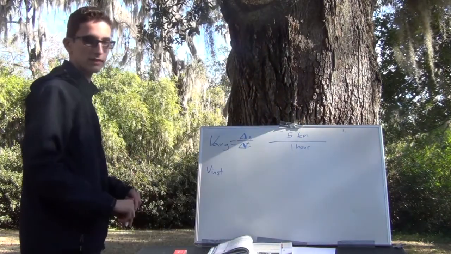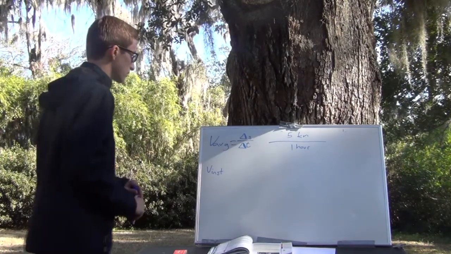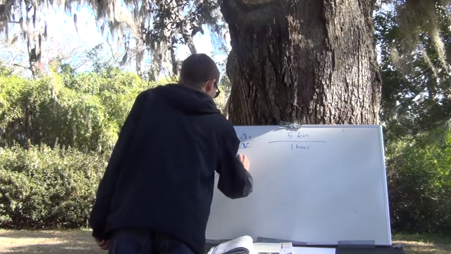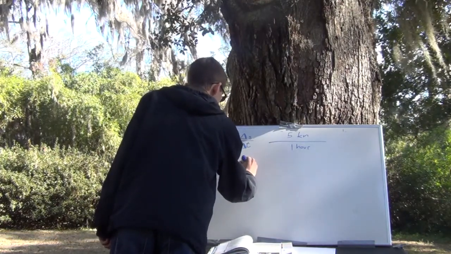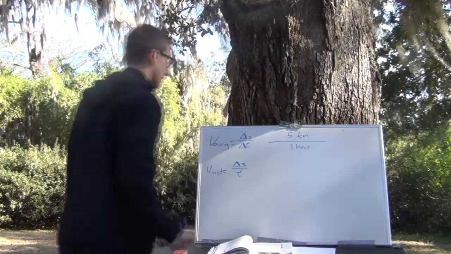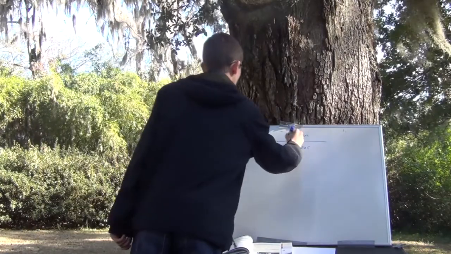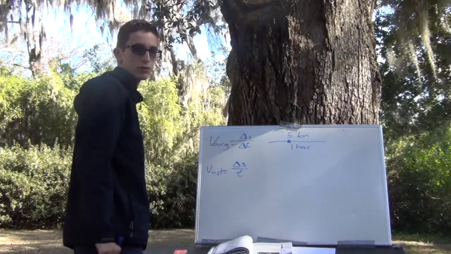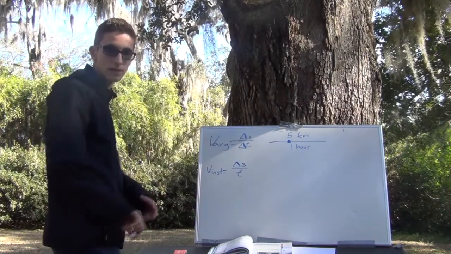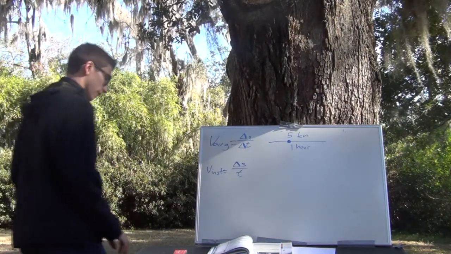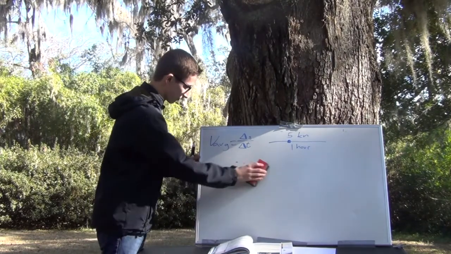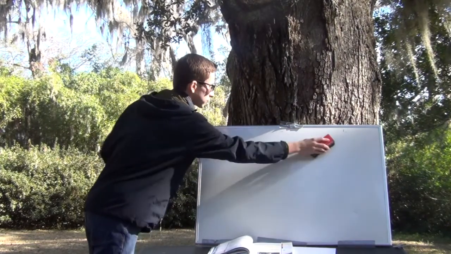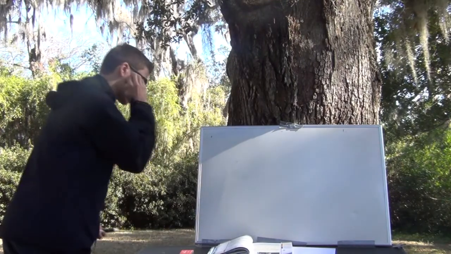Your average velocity is going to be that 5 kilometers over that entire hour right there. Meanwhile, your instantaneous velocity is going to be your change in distance over a specific instance in time. So let's say your velocity right there, let's say that's 25 minutes into your journey. You'll divide it by 25 minutes instead of that entire hour. And that's the main difference between instantaneous velocity and average velocity right there.